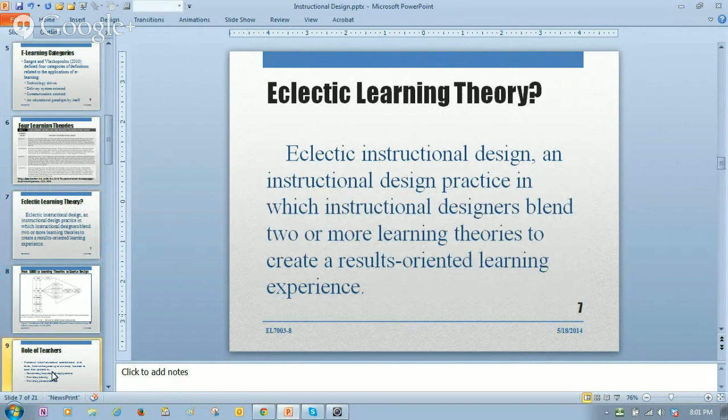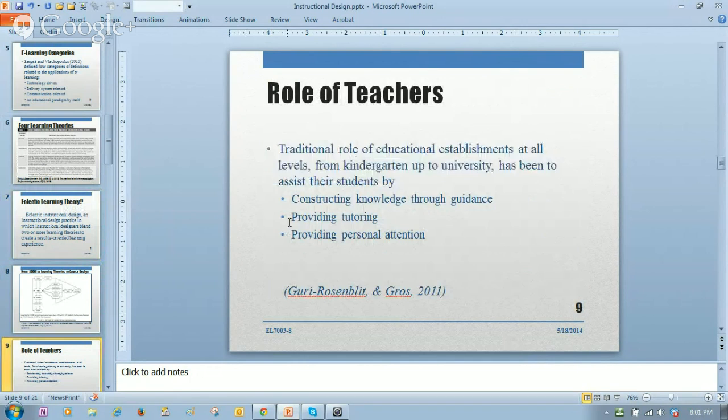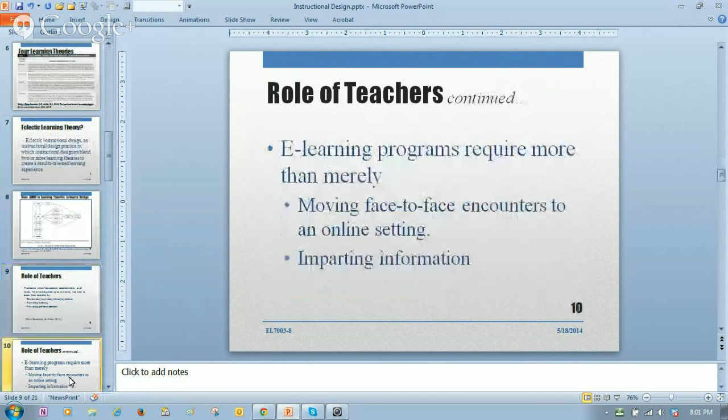I got a little bit into the role of the teachers. Traditionally, from kindergarten up to university, it has been basically to assist students in constructing knowledge through guidance, providing tutoring, and providing reference, but e-learning programs require more than merely moving a face-to-face encounter online, more than merely imparting information.